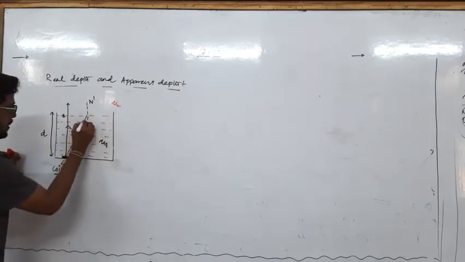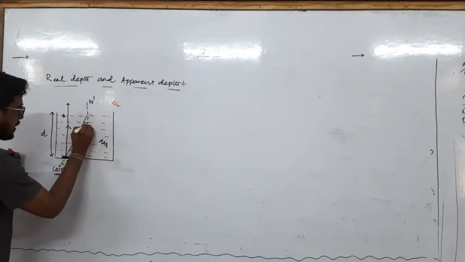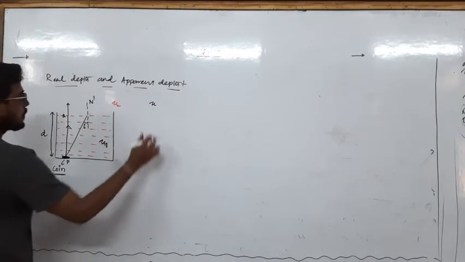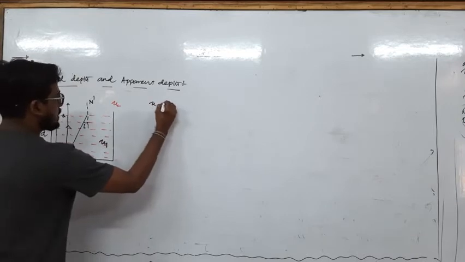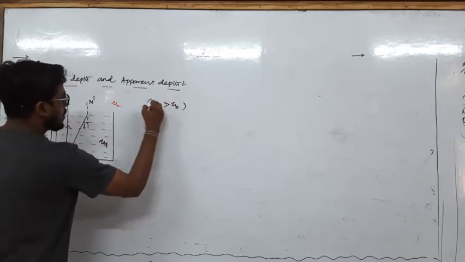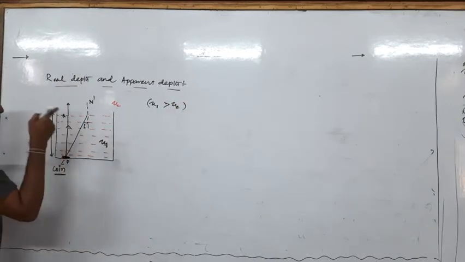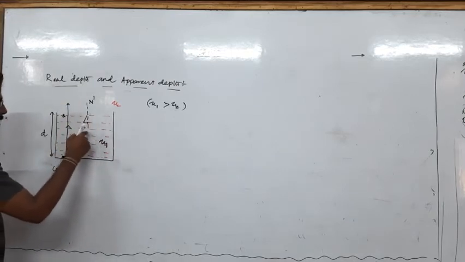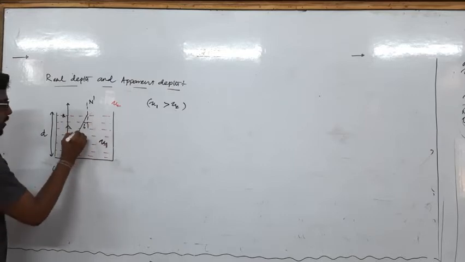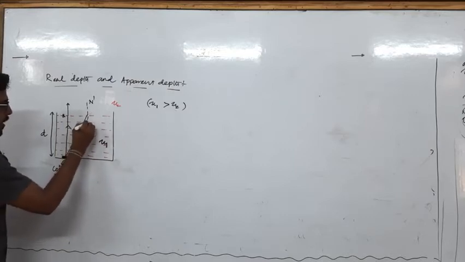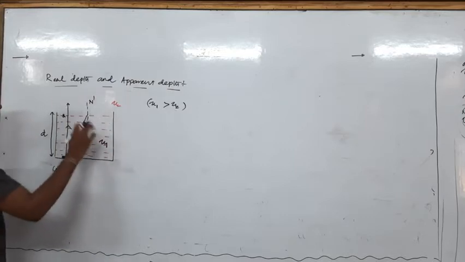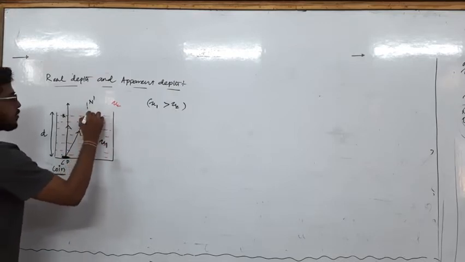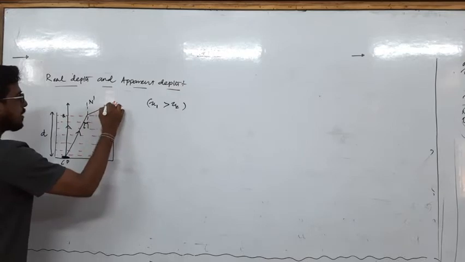So this is the angle of incidence I, and here we have to know that mu1 is greater than mu2. That means light travels from denser medium to rarer medium. So at this point of incidence, this is the angle I, and for the normal n dash, the light will travel from denser to rarer. So after this it will get bent and travel along this direction.